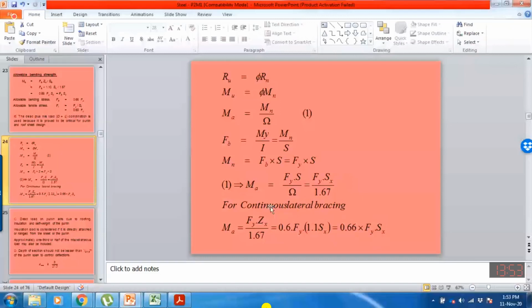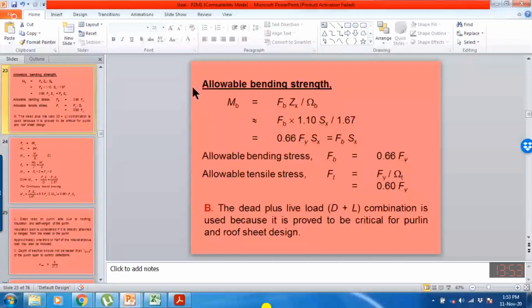Okay, now the dead plus live load combination will be used because it is proved to be critical for purlin and roof sheeting design. So we will not design the purlin for wind load. We will only design for snow load and the dead load. So the dead load plus live load combination, or gravity load combination, will be used.